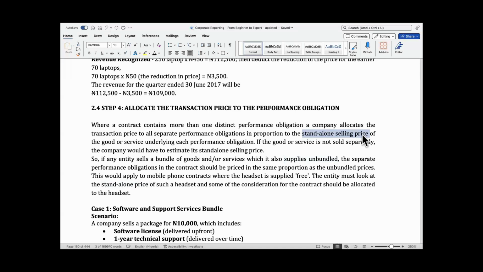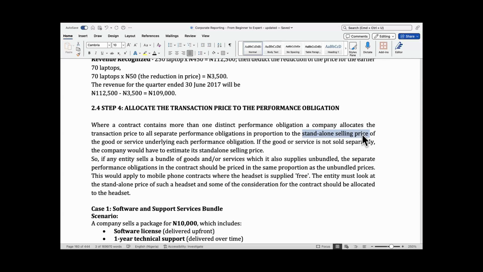So if you bundle goods together and you price them at a single price, you want to offer service A, service B, service C, service D, and you told the customer that for all these 4 services, pay me 10 million. The key question here in step 4 is that if those services, we have defined them as separate, as distinct, how do you then share that 10 million amongst them? Because IFRS 15 requires that you need to separately recognize revenue on each of those services.